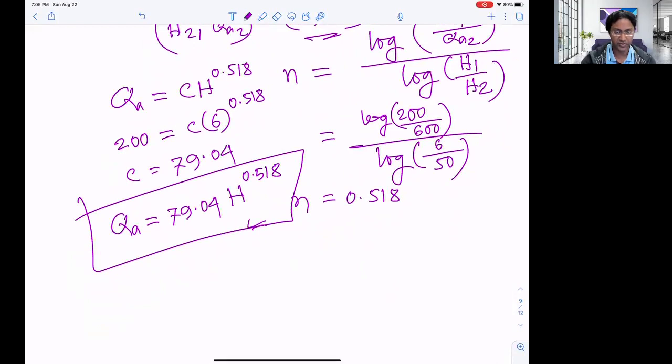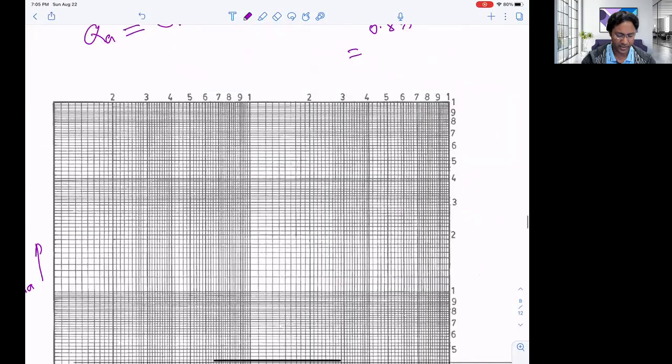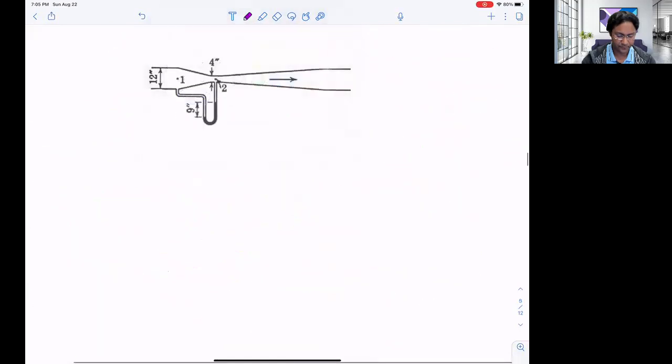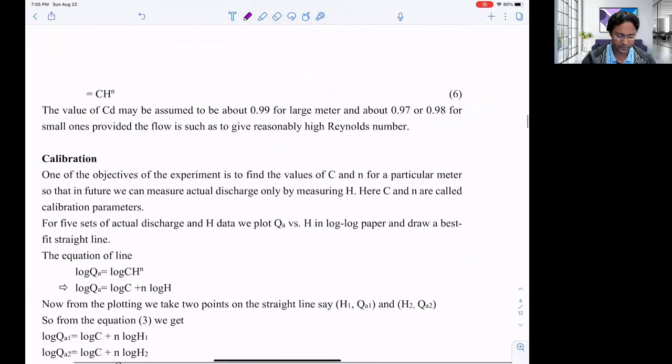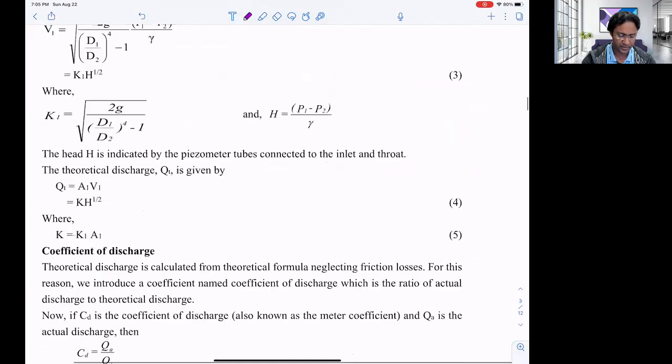It is relating actual discharge with the pressure differential, and if you measure that pressure differential H, then you can put it in. Now, for example, we are measuring what is flowing. We have the device here and water is flowing.